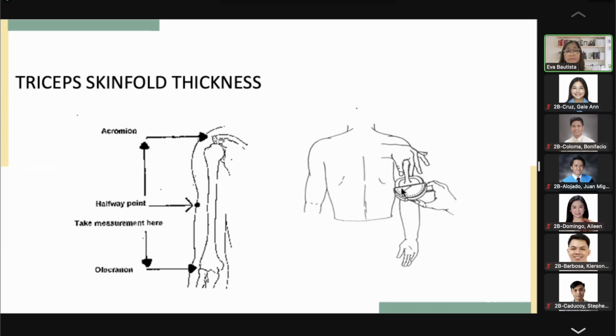The triceps skin fold is lifted by about 1 centimeter using your thumb and index finger. That's what you use to pinch the skin, and the caliper is used to grasp the raised skin fold. An average of 2 readings, read to the nearest with the gauge at eye level, is recommended. So take those measurements at eye level twice and get the average.